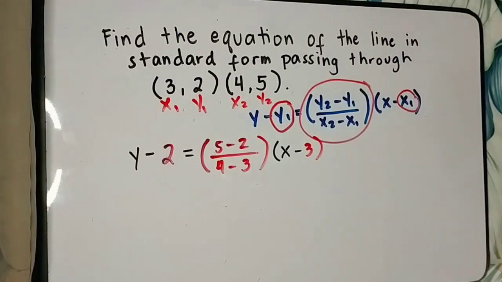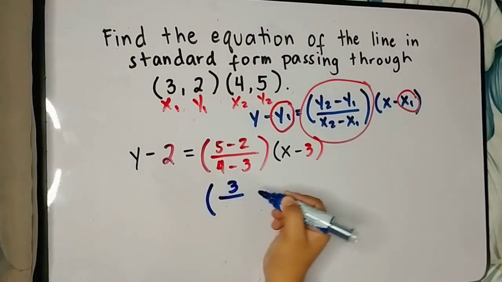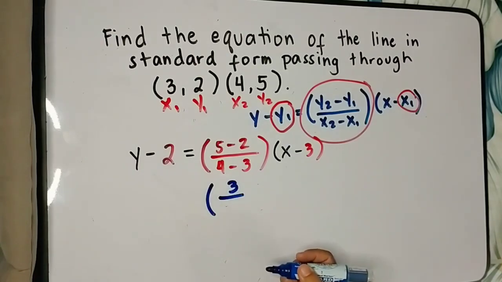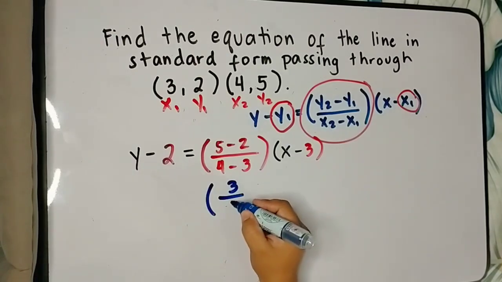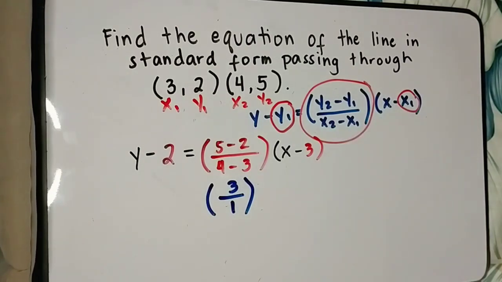Okay, so 5 minus 2, that is equal to 3 over 4 minus 2, this is 1. Actually, this formula, it is the slope formula, right?